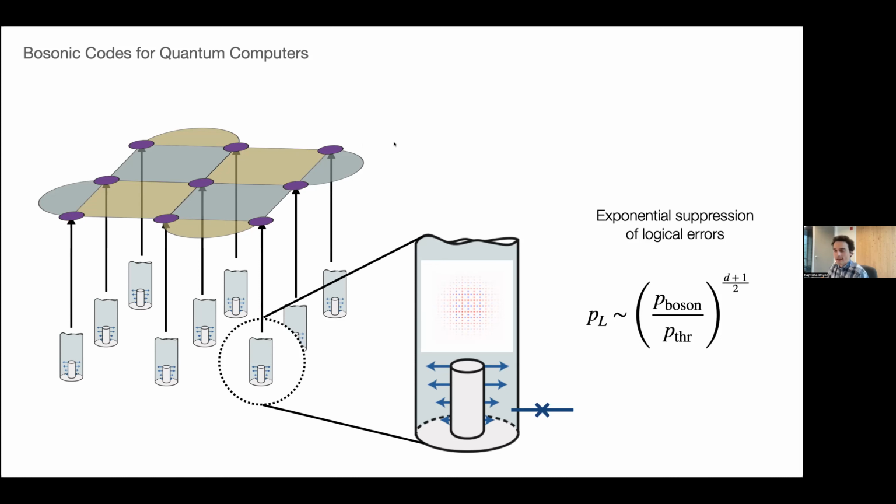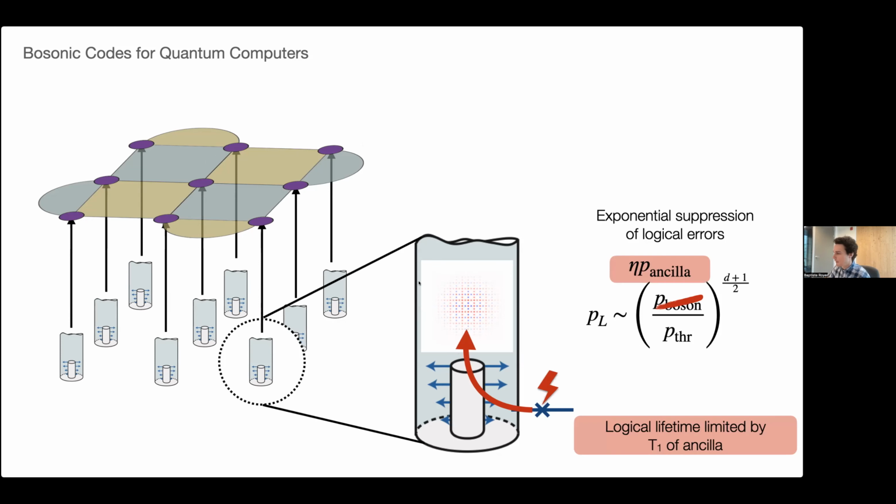However, one problem that's a recurring problem for bosonic codes is that you notice that we need a transmon ancilla to do quantum control of the cavity. In practice, there are ways that an error to the ancilla propagates to the code. And so in the end, instead of having a nice lifetime of your GKP that you computed numerically to be very high, you're limited by some fraction of the lifetime of the ancilla.